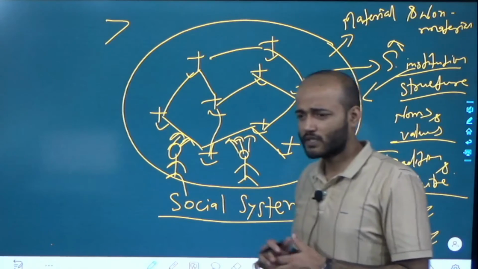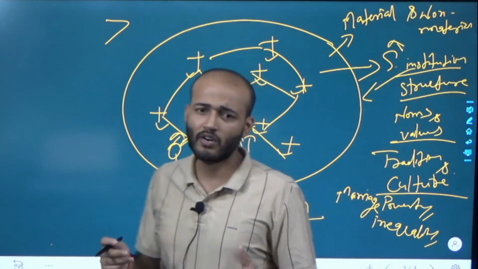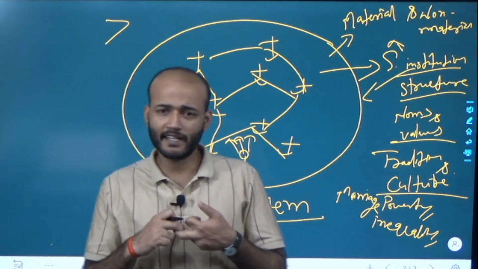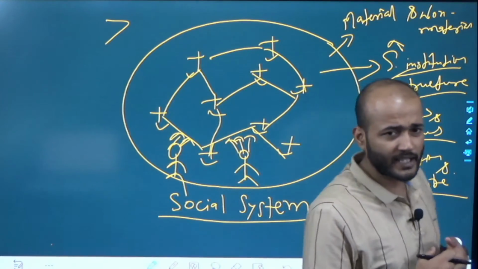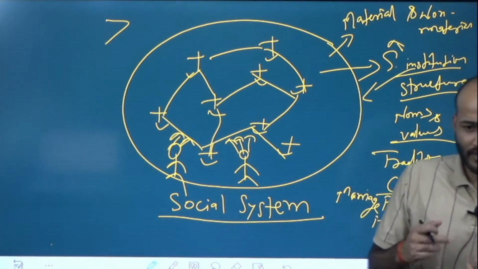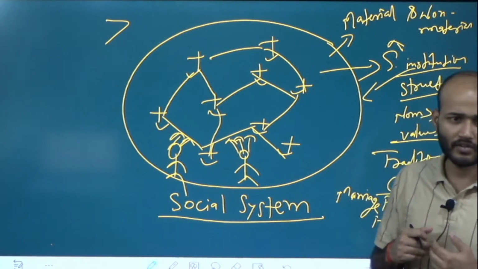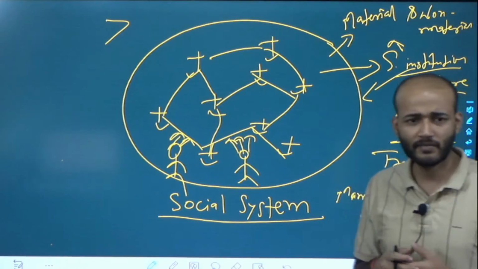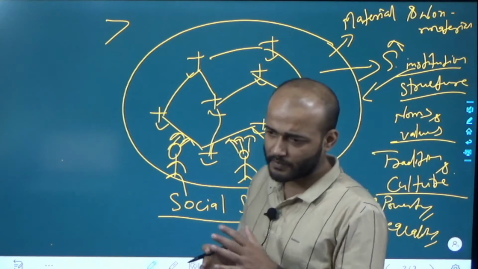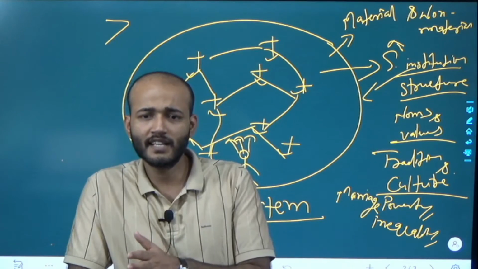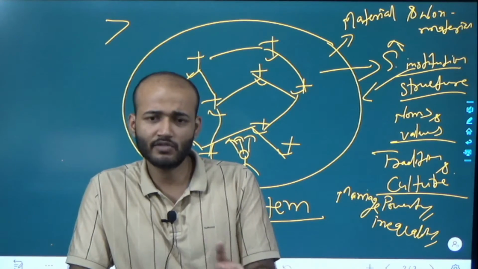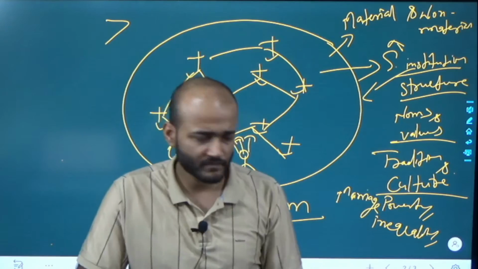In a social system all organs are interconnected. One organ or part of society influences the other part. Without considering one part, we cannot understand the other aspect of society, because it impacts the whole system.